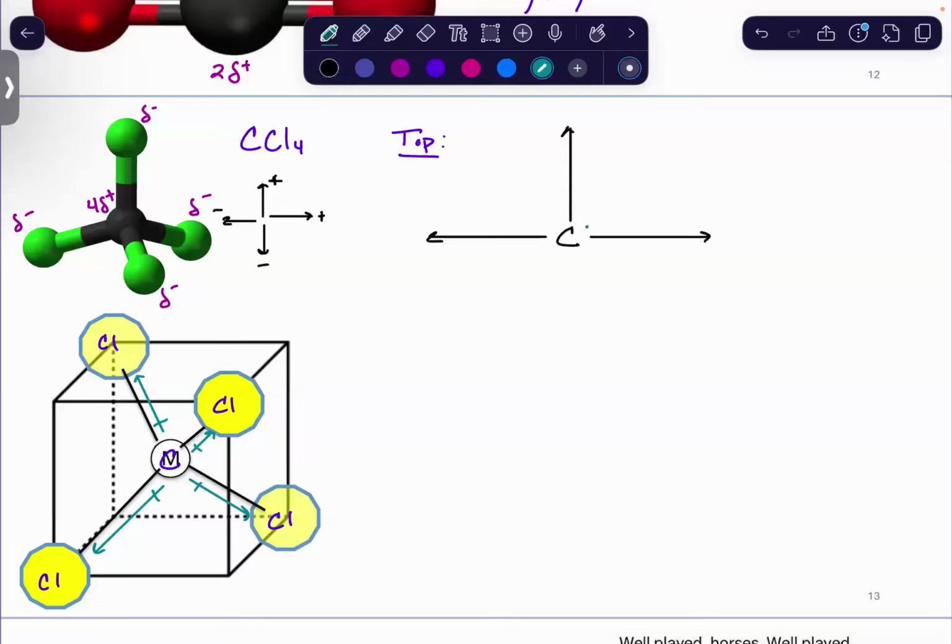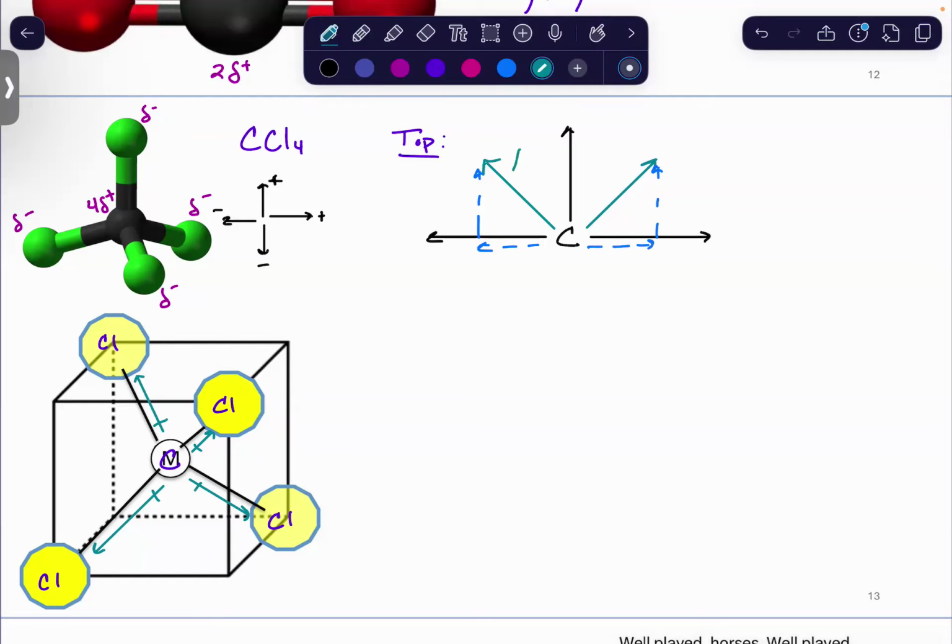And technically we have one bond dipole that goes off like this, and one that goes off like that, trying to get these as equal as possible. Okay, so each one of these is going to have a vertical and a horizontal component.